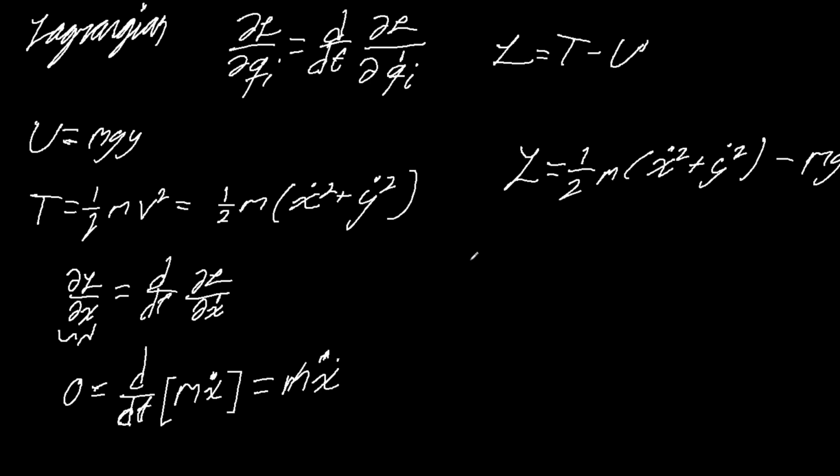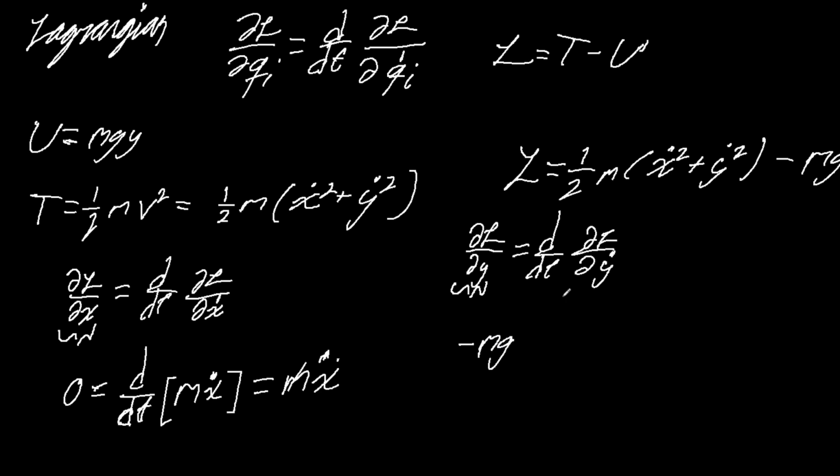Alright. Y's turn. Partial derivative with respect to y. Just writing it out so you can see a little more clearly. Well, in this case, we do actually have a y. It is right there.